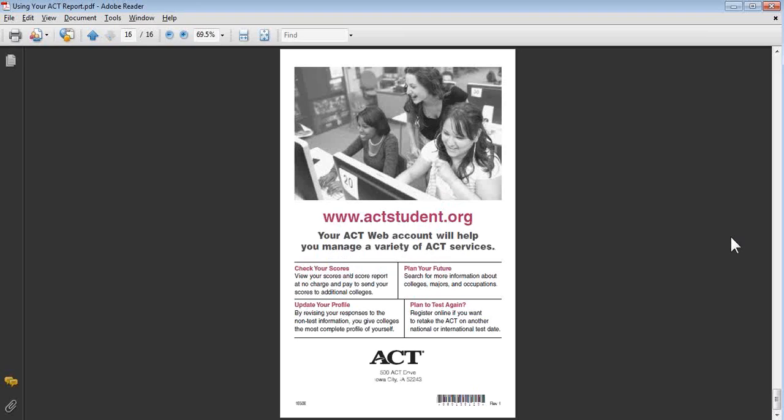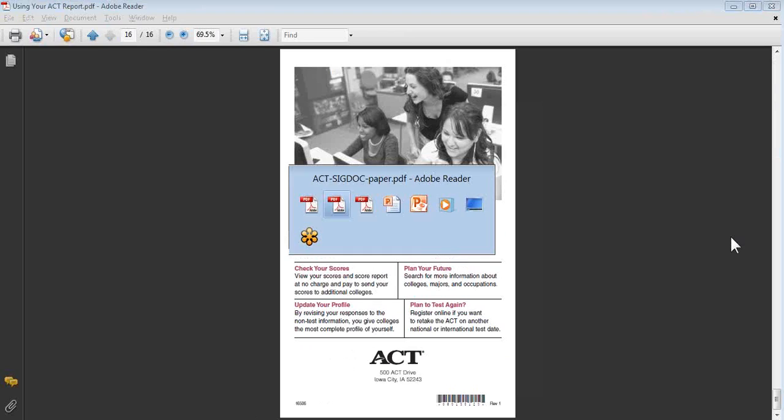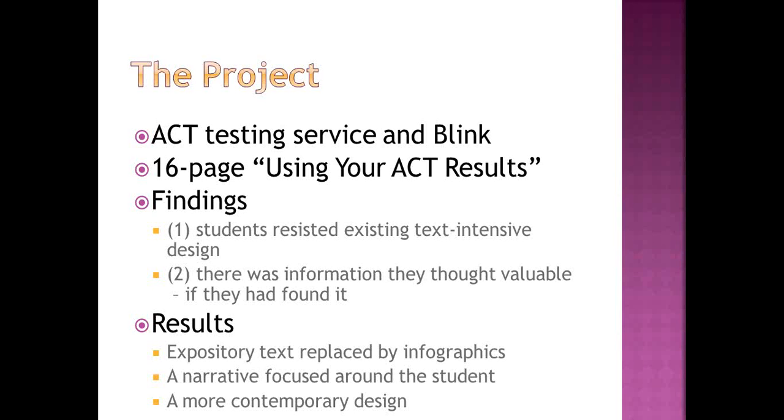Now, at the point the ACT came to Blink with the project, they just had suspicions about this. So one of the things that Blink is good at doing is actually doing user research to find out what exactly is going on.